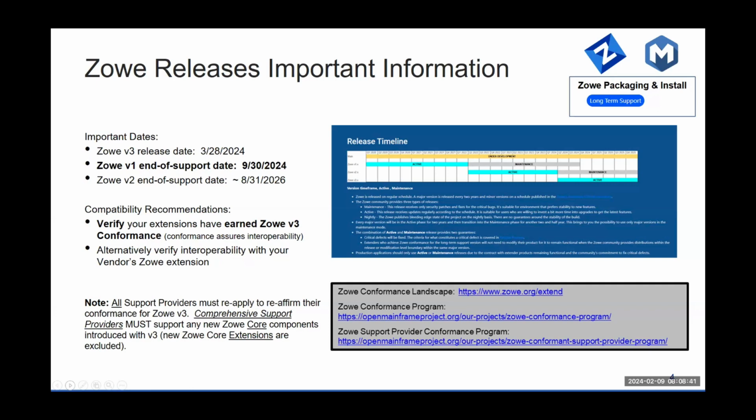And then finally, with respect to conformance, please note that the support provider program will change slightly in that we have, as I mentioned, introduced two new Zowe core components, or will be, with V3, and therefore the vendors who are applying for comprehensive support in order to earn that badge will in fact have to ensure that they are able to support those two new core components.